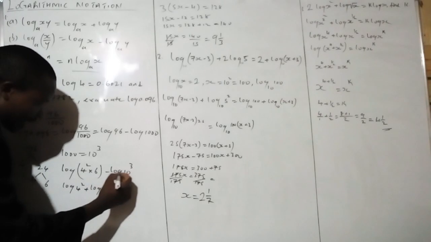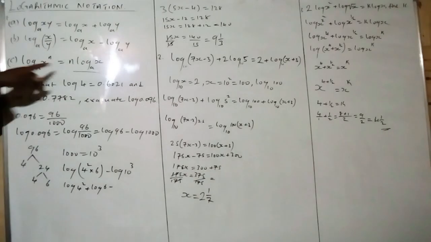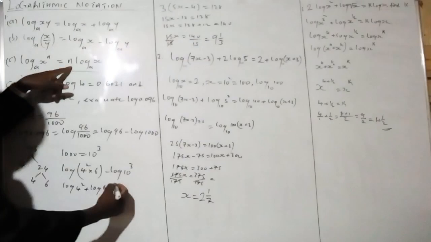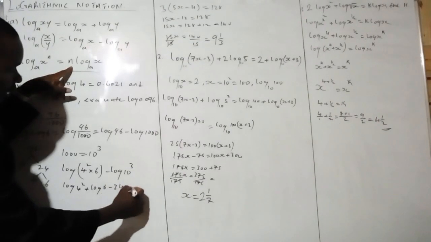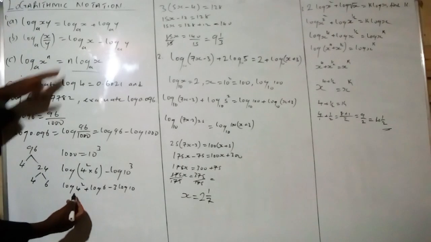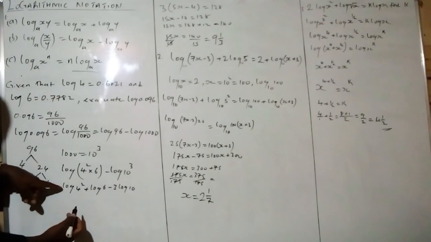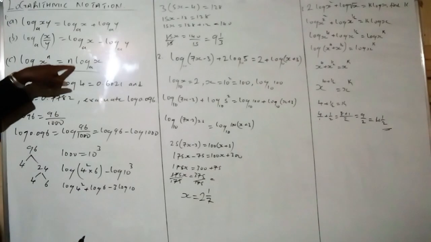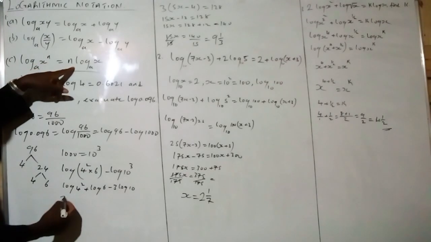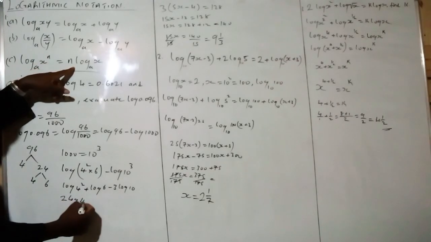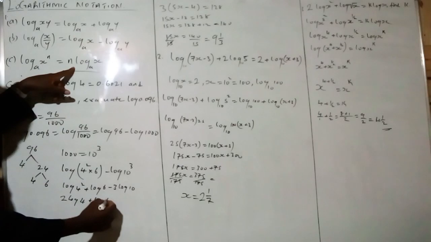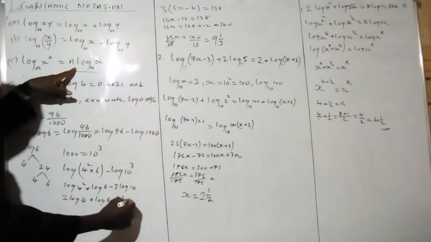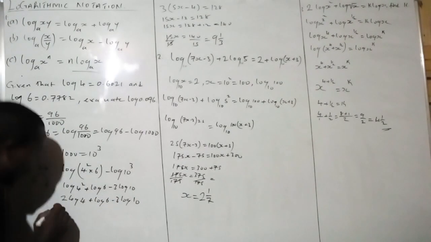We can start with the 3 log 10, and write it in the form of log 4 squared, which is 2 log 4, plus log 6 minus 3 log 10. Then 2 log 4 is what?